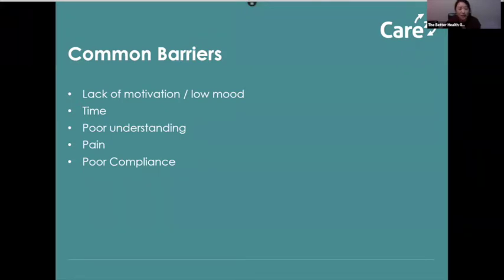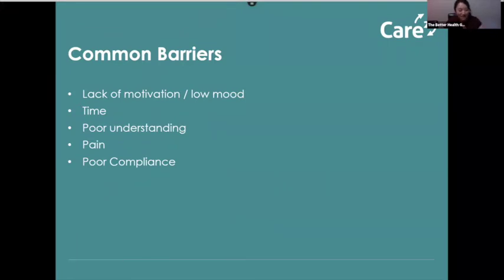Another big one is probably time, and I'm sure we're all guilty of time being a barrier. We always say that we're busy, we don't have time to do this or that. Interestingly, with COVID restrictions, we've somehow got heaps of time, yet we still find excuses why we can't clean up the house or do home renovations because of time.